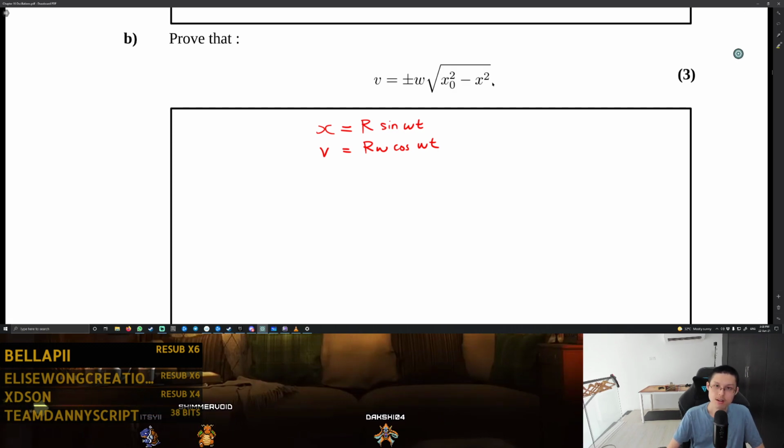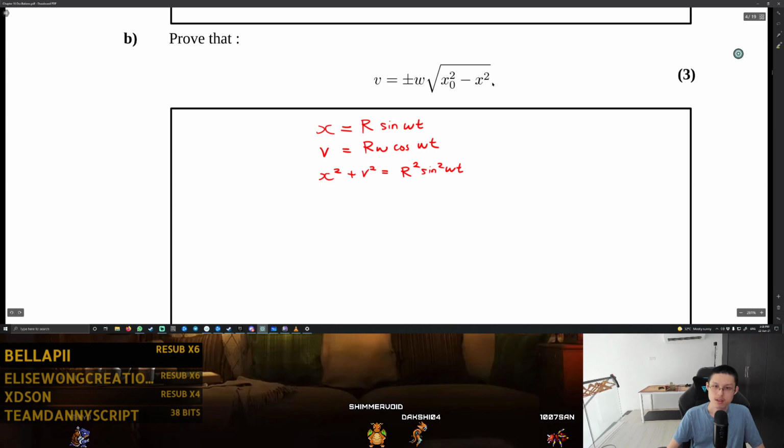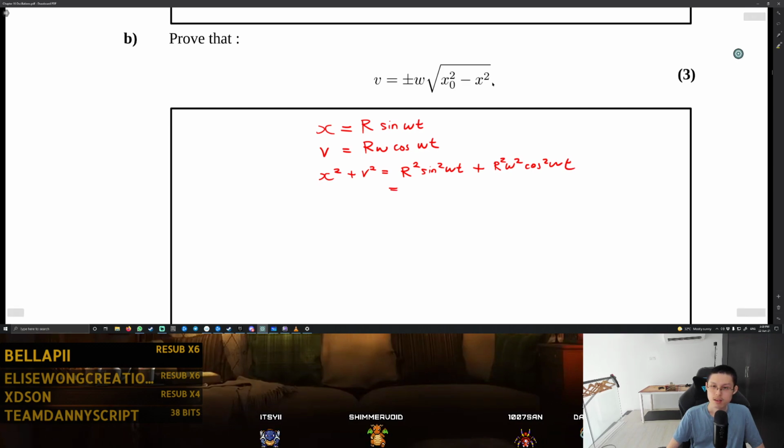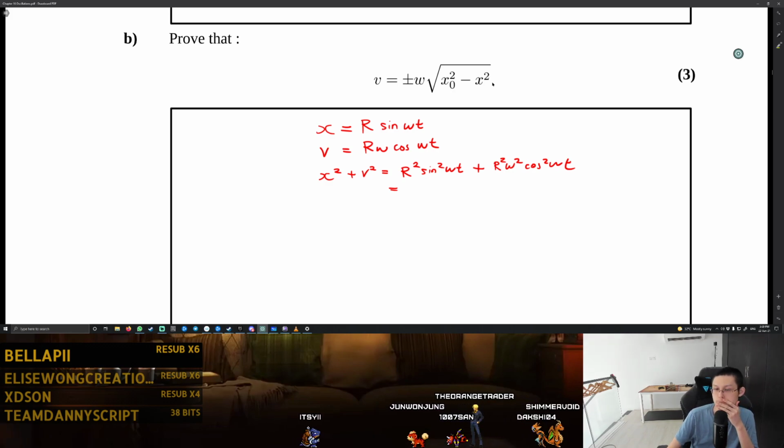So x squared plus v squared equals r squared sine squared omega t plus r squared omega squared cos squared omega t, and then wait a minute.